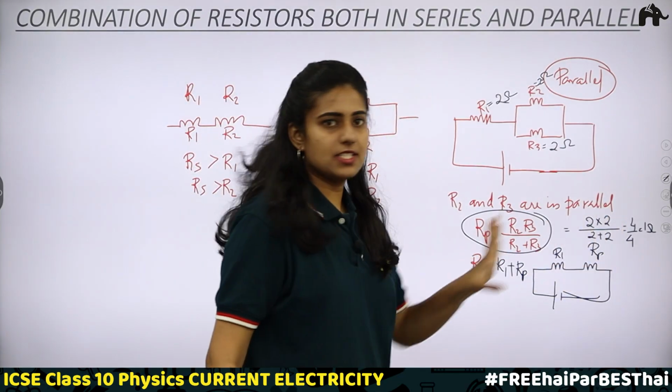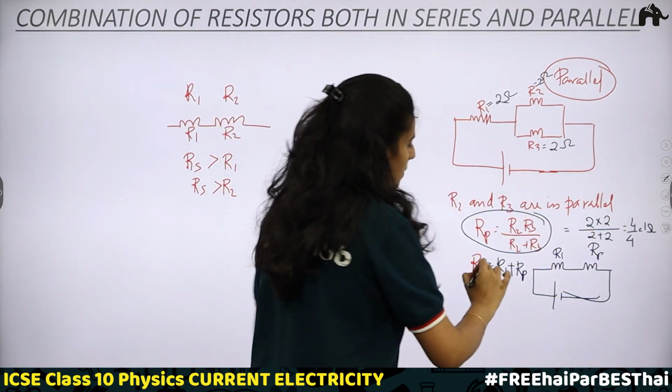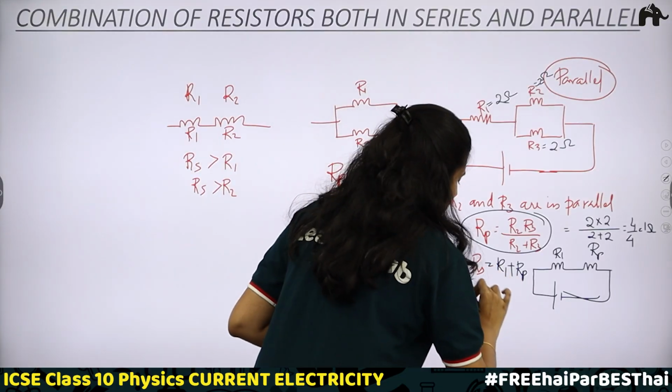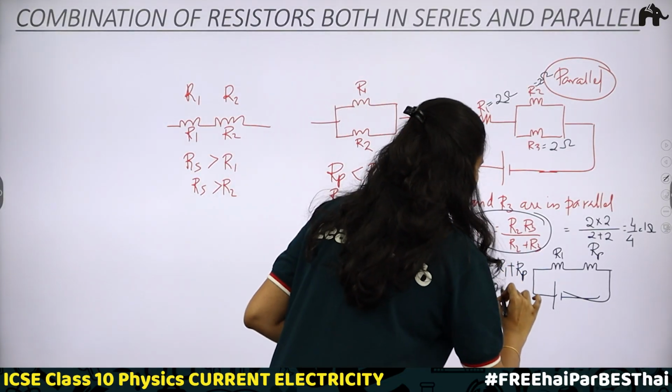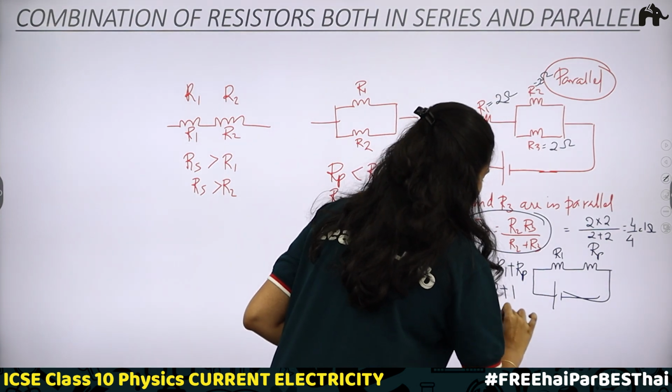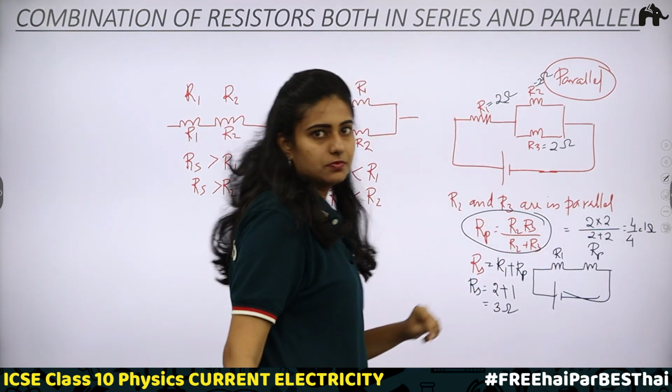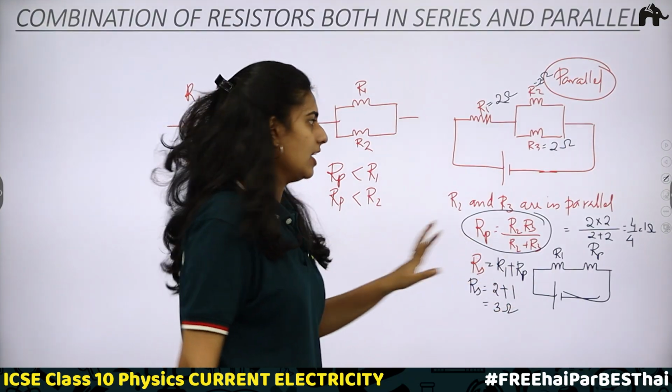Okay, 1 ohm is the value. Now, what about Rs? Rs is R1 plus Rp. R1 is equal to 2 ohm. 2 plus 1, which is 3 ohm. Okay, 3 ohm is the value that we are getting.